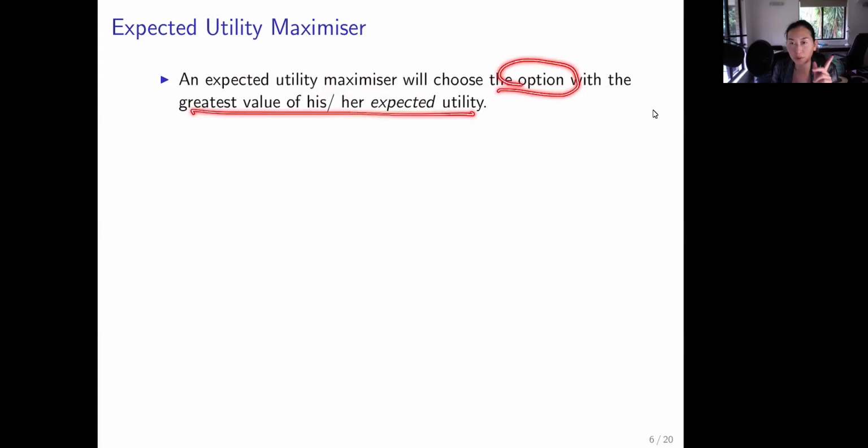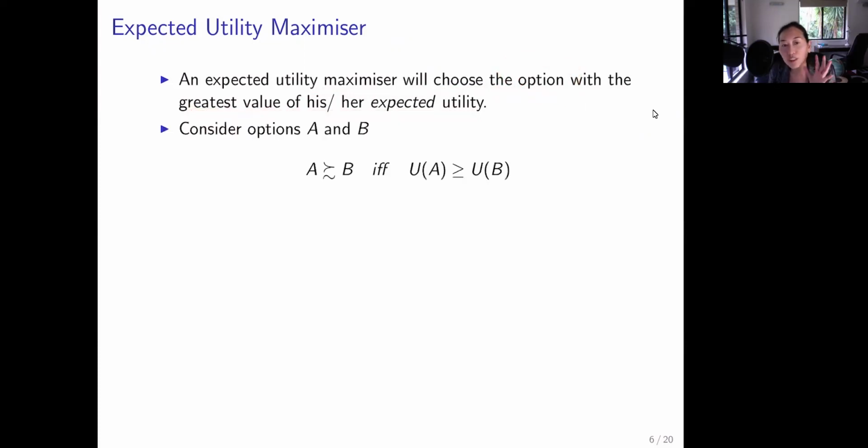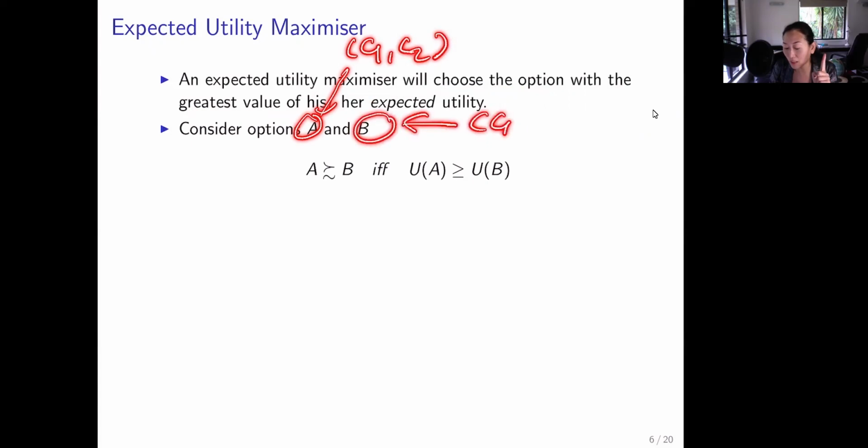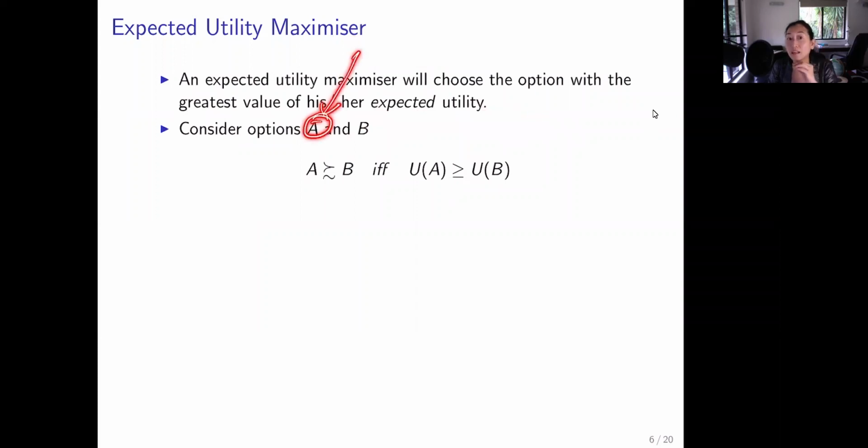And we will talk about options later. Consider options A and B. Now, this is not just the bundle A and B. Remember, A and B here is just option A, which is the amount of C1, C2 at point A. And option B is a different amount of C1, C2 at point B. Option A may have the same or different mutually exclusive events from option B, and the probabilities might be different as well.